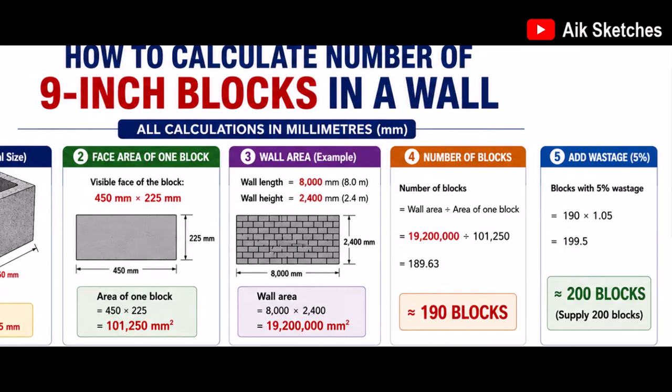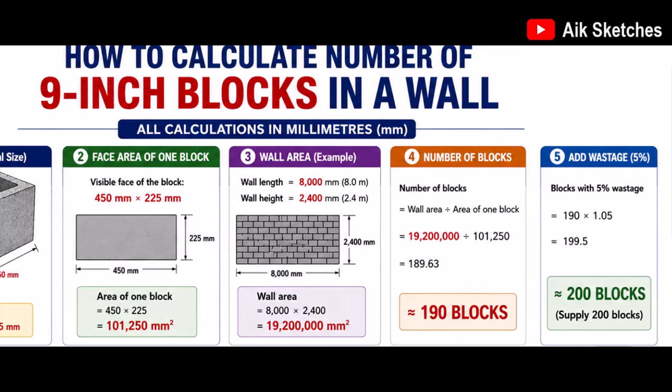So if you do the math, you want to add 5% wastage. What you have is 190, which is the number of blocks we calculated, multiplied by 1.05. You're going to get 199.5, which is approximately 200 blocks.